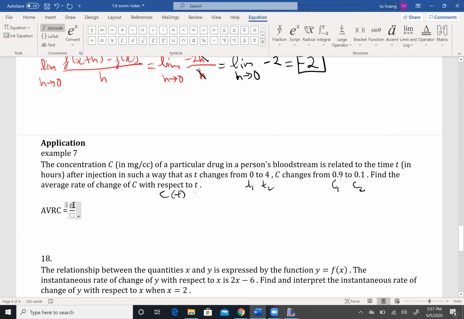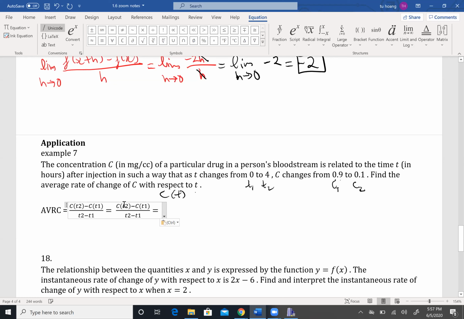So I will have C of T2 minus C of T1, and then the bottom has to be T2 minus T1, right? And this I can easily plug in by what the given gives us. Okay, so let me copy down.